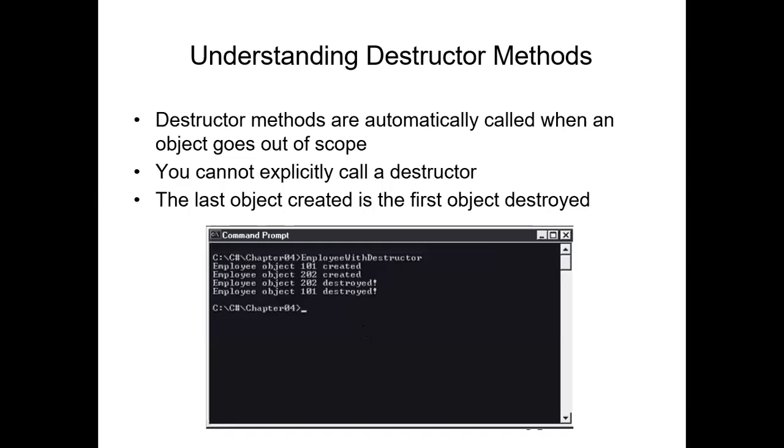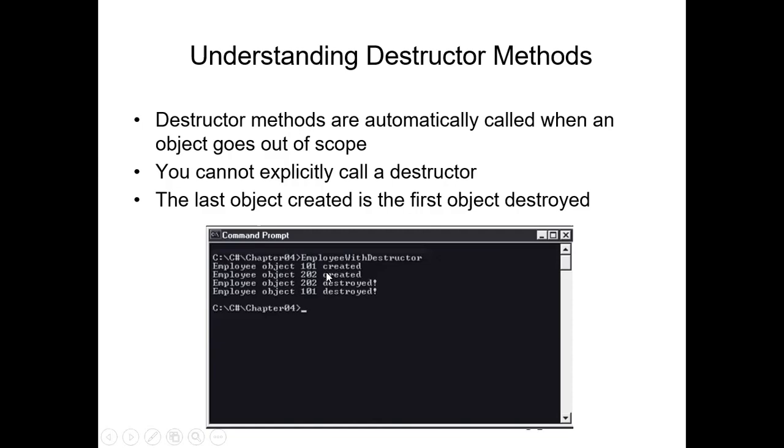Okay, so destructor methods are automatically called when an object goes out of scope. So you don't necessarily need to invoke a destructor. Like in this case, you see we have constructed an employee, and then it displays Employee object 101 created. Then we constructed another employee, and it will display Employee object 202 created.